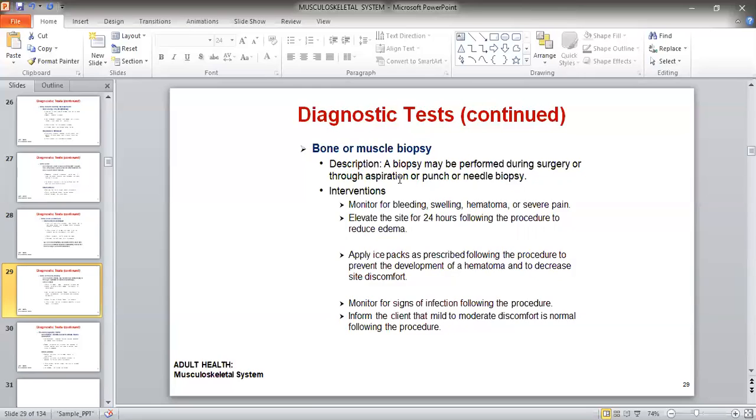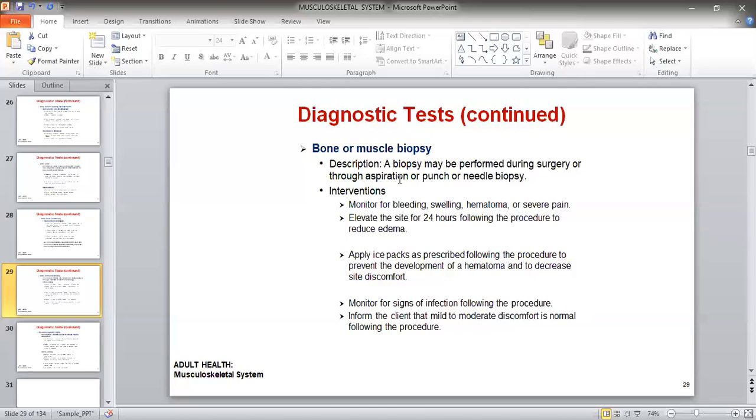But it is a very simple technique, but what you have to know is to educate your patient. Monitor for bleeding, swelling, hematoma, or severe pain. So before the procedure, definitely you have to take a good history. If the patient has any kind of bleeding disorder, if the patient is taking anticoagulants or antiplatelets, right?